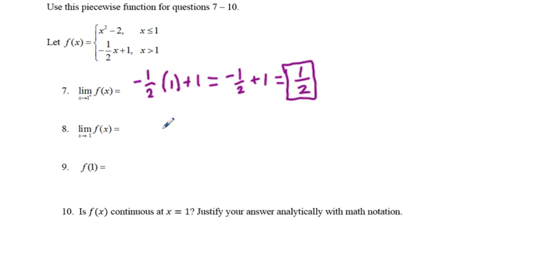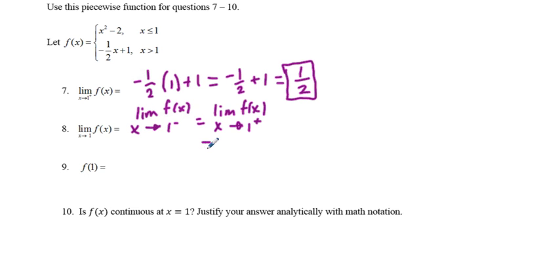The limit as x approaches 1 of f of x equals, well, the limit as x approaches 1 from the left side of f of x equals the limit as x approaches 1 from the right side of f of x.